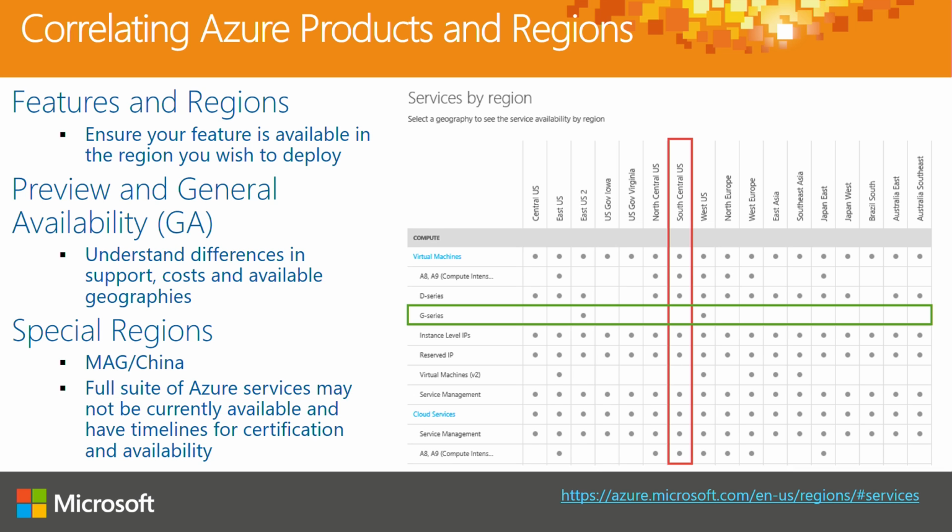For example, if you make an agreement in the USA and try to deploy to an Australian data center, you'll be blocked because of taxation and other legal requirements. So be aware of the limitations, where you can and can't deploy, and what services are available where, because that is going to be critical.